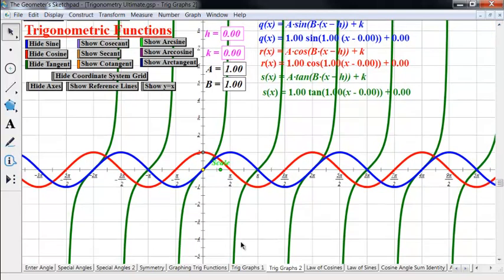Okay, so there you can see sine, cosine, and tangent all graphed together. So notice when sine is 0, like right there at pi, 2 pi, multiples of pi, 0 pi, 2 pi, 3 pi, 4 pi, 5 pi, then tangent is also 0. When cosine is 0, sine is 1 or negative 1, and tangent is undefined.